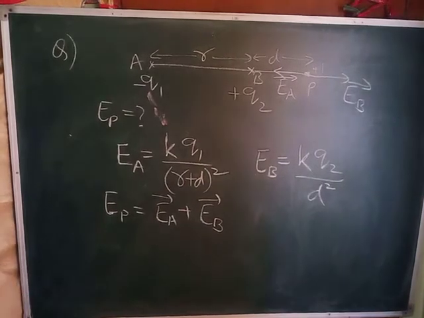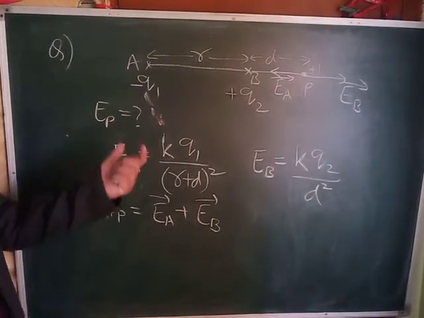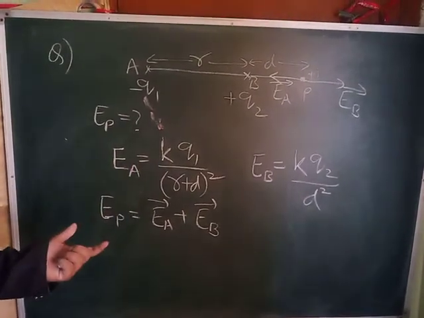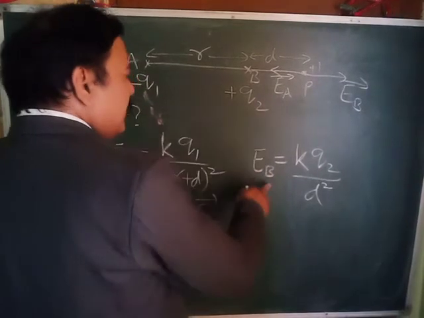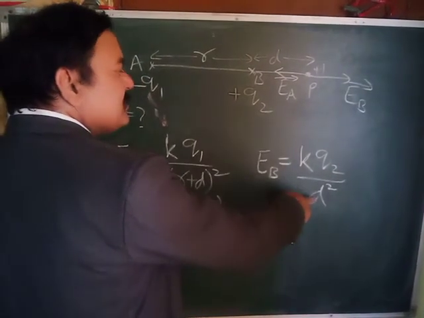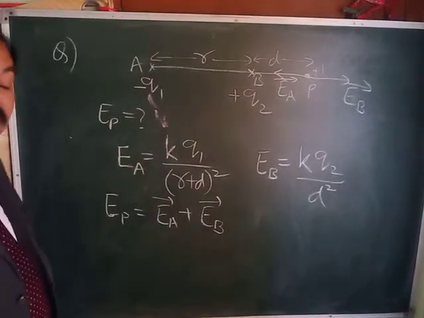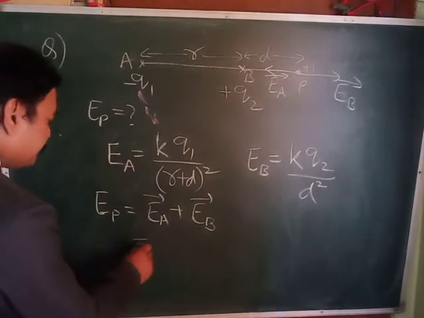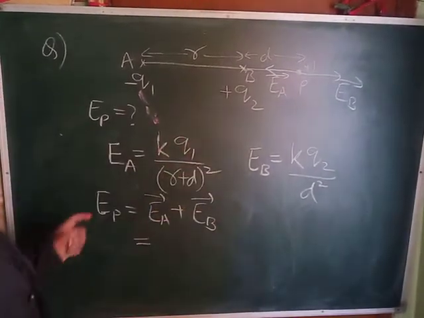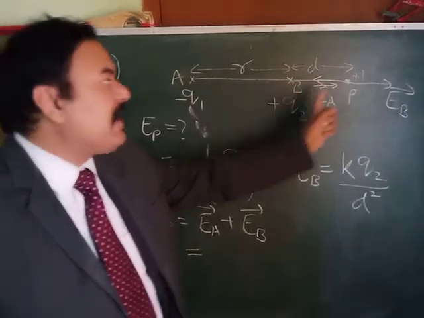When we talk about the vector sum, we have to consider the direction. As the directions are opposite, one has to be taken negative. Which is more? EB may be more because the distance is smaller, but it depends on the charge also, so we cannot say which is larger here. It is your choice which direction you take positive.